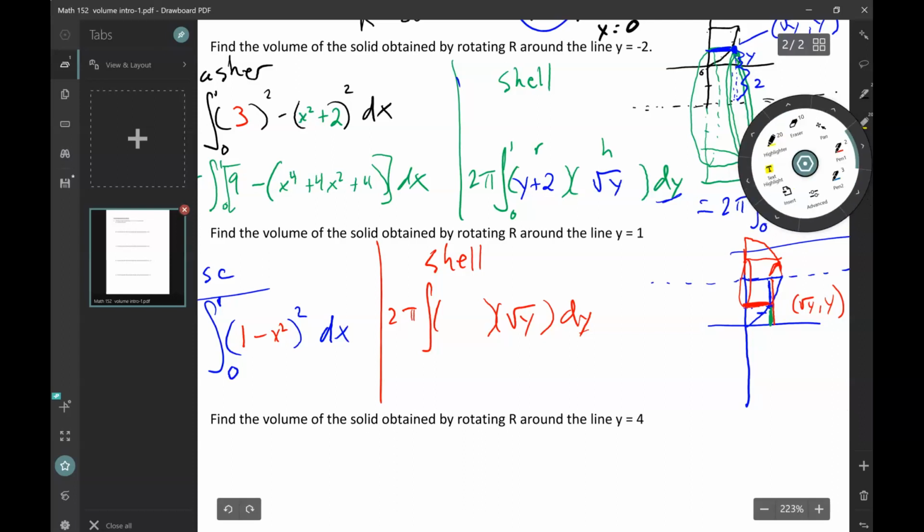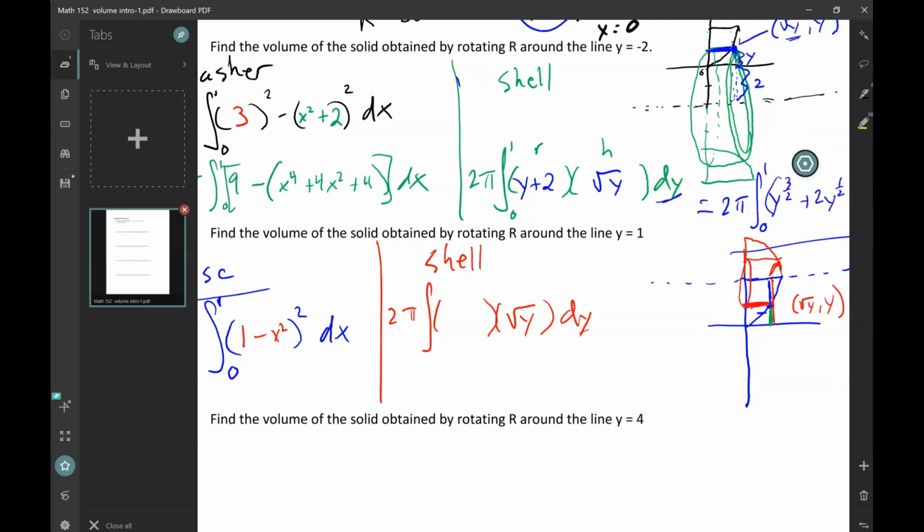So that's going to be 1 minus y, because the green is the y coordinate, and in this case we're calling that y instead of x squared because it's in terms of y. And then I put on my little limits of integration, and I got the shell method. So again, you can see these are two different integrals, but they produce the same answer.